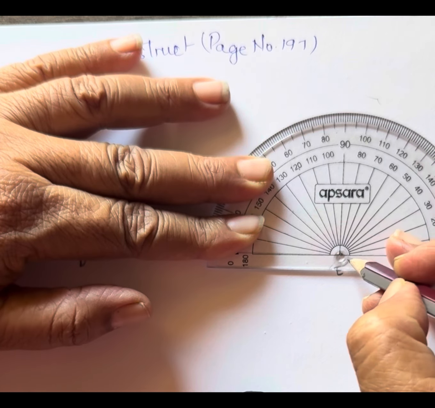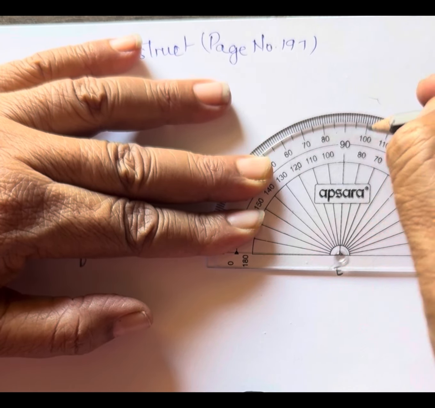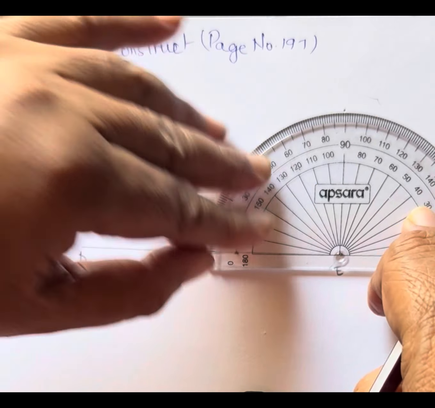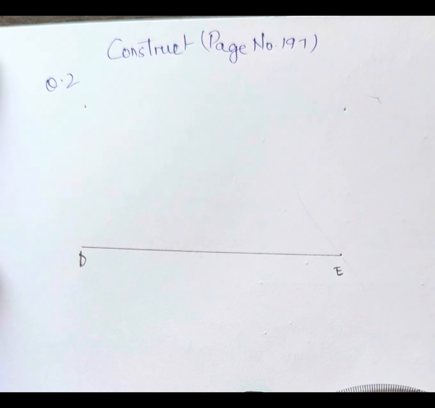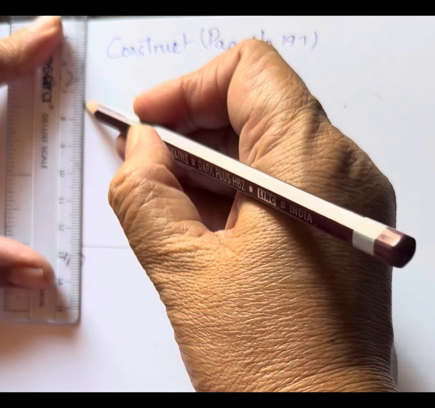Then we'll draw the line. So E is the center and this is the baseline. So 90°. Now if you have observed in 90°, the scale doesn't matter because it is same. Right?